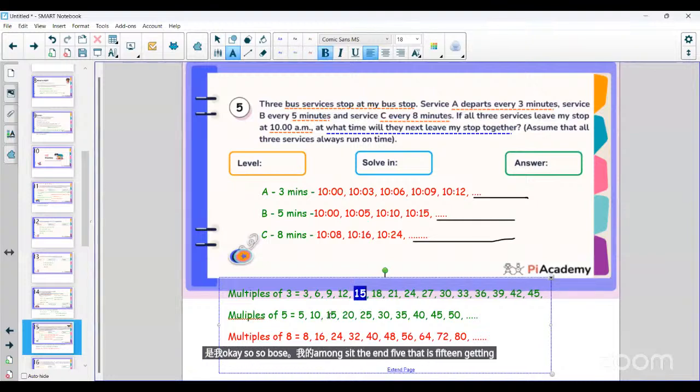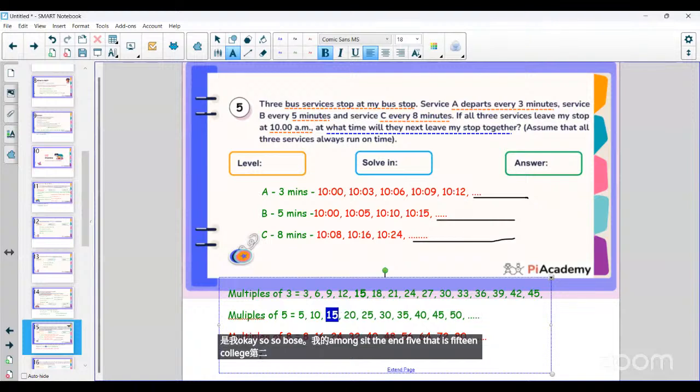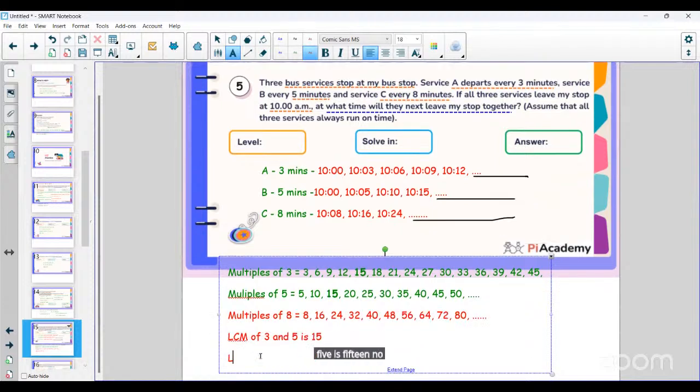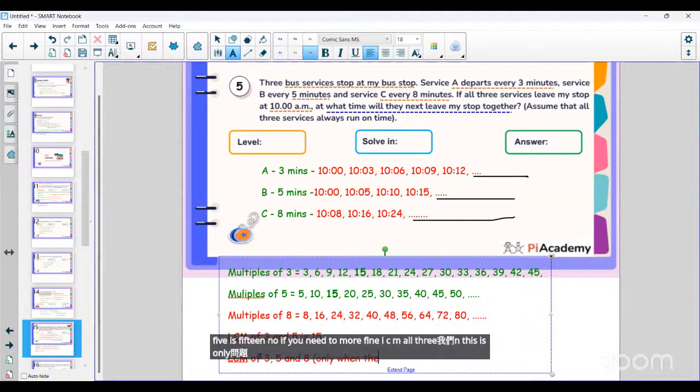Correct? Yeah. LCM of 3 and 5 is 15. Now, if you need to find LCM of 3, 5, and 8, and this is only when there are no common multiples at the start.